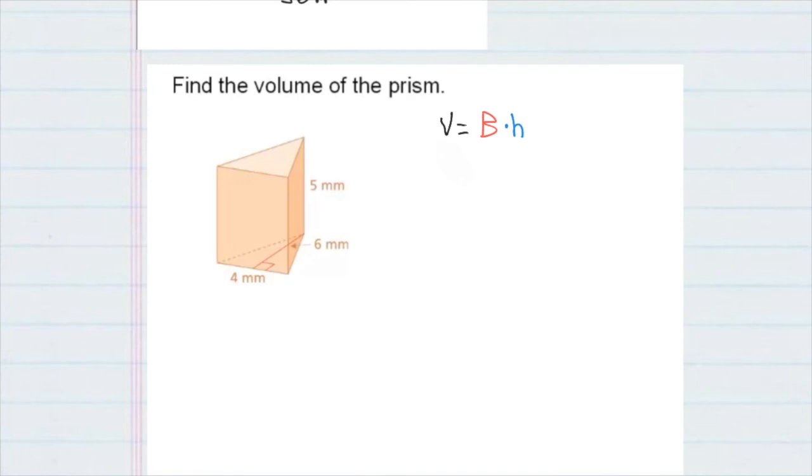But in this case, the formula for the area of the triangle is 1/2 the base of the triangle, that's a lowercase b, times the height of that triangle, lowercase h. And we're multiplying that by the height of the larger prism.